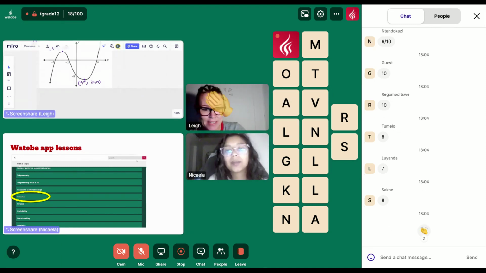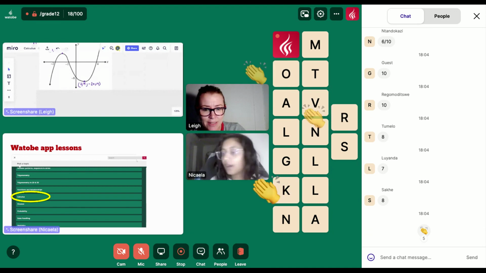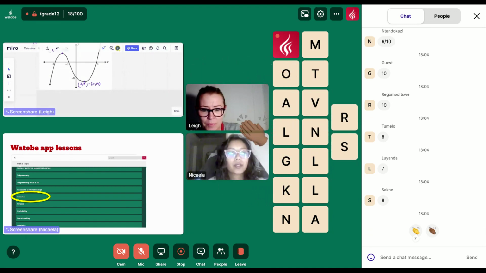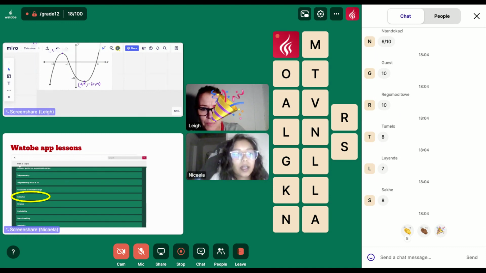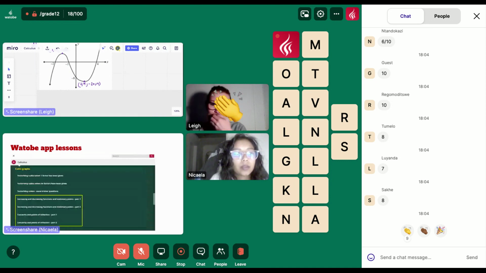Okay, so just for homework stuff, where to find it on the app. We're still under calculus again. You're going to click on that. And then under cubic graphs, there is increasing and decreasing functions and stationary points, part 1 and 2.